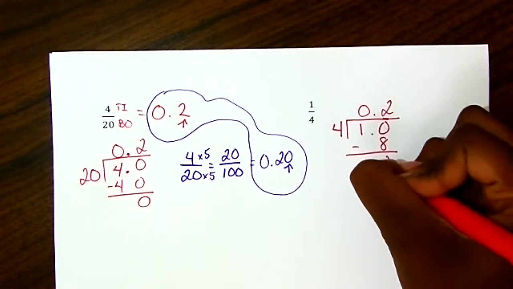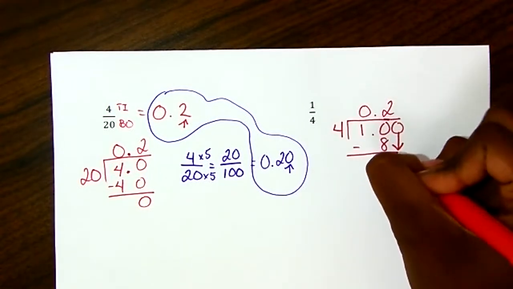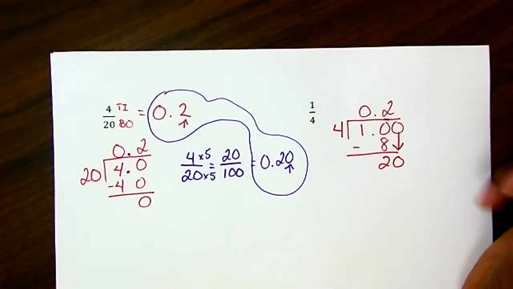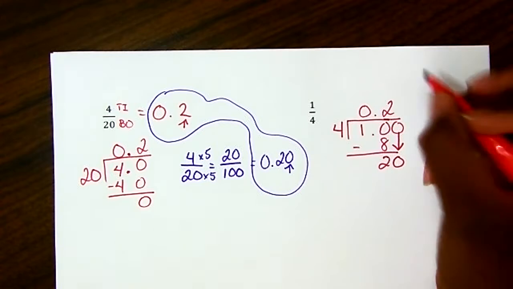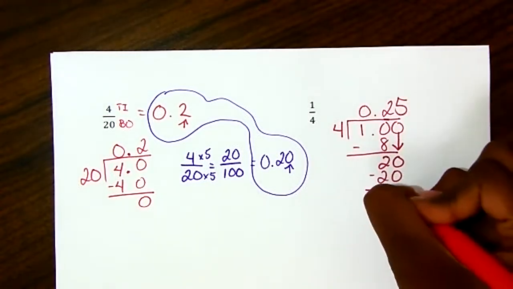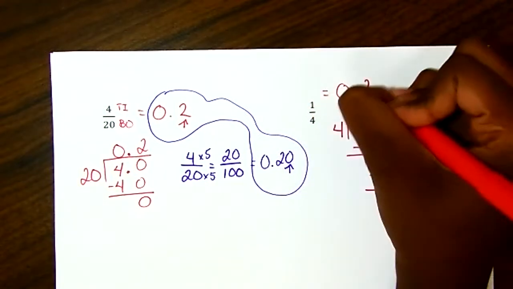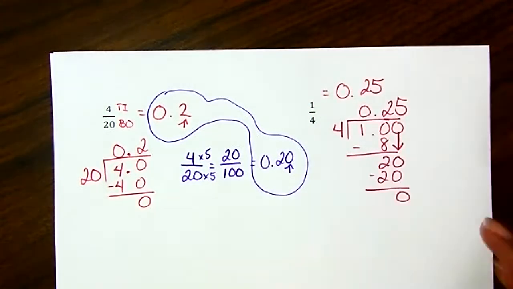I have 2 left over, so I'm going to add another 0 because remember, I don't want anything left at the bottom. How many times will 4 go into 20? 5 times. I have nothing left over. So my 1/4 is equal to 25 hundredths.